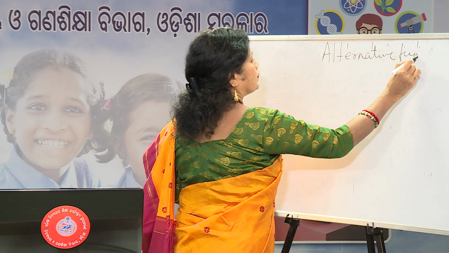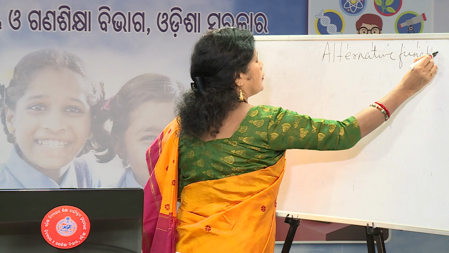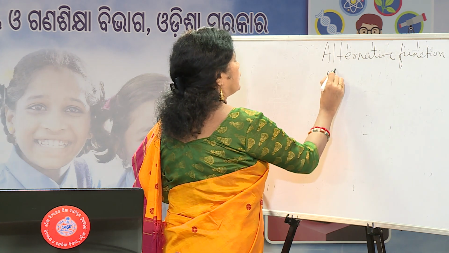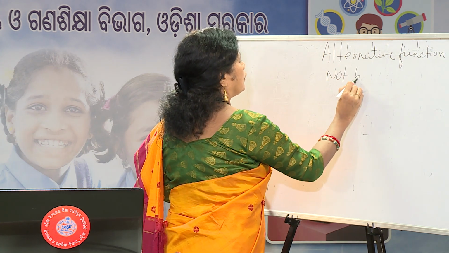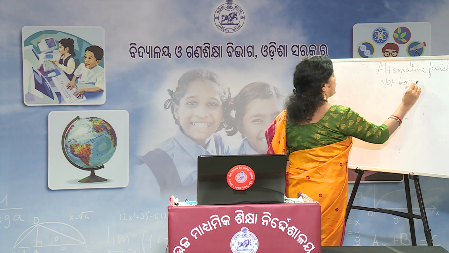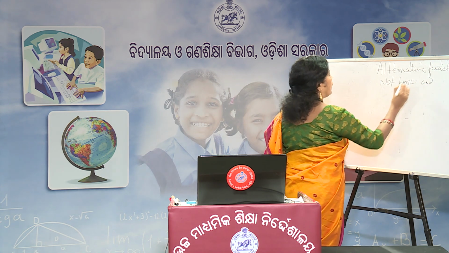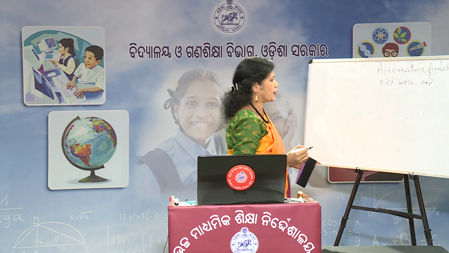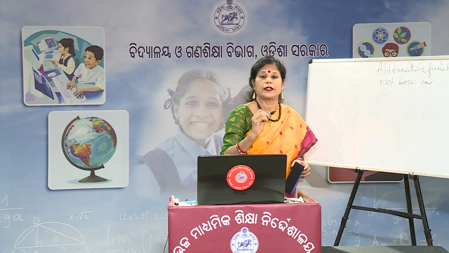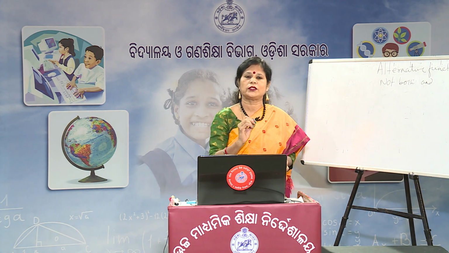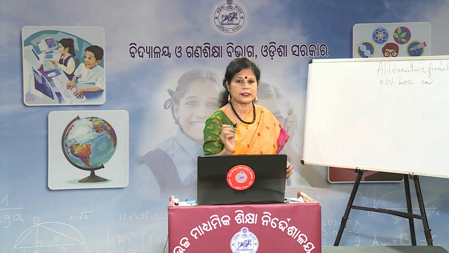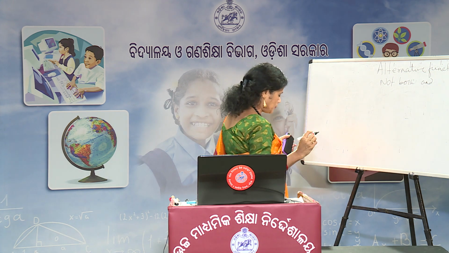Okay. So the alternative function. The connective is not both and. Example: Ram cannot be both honest and dishonest. Okay, this is the proposition.